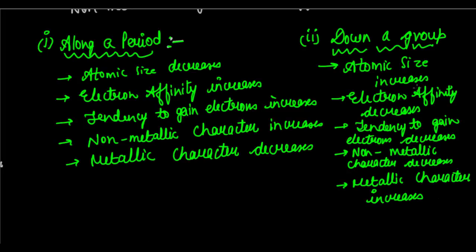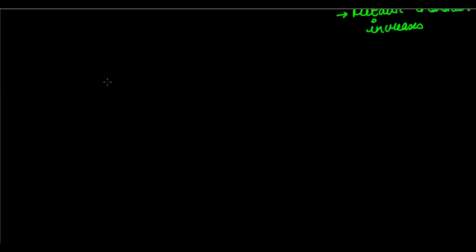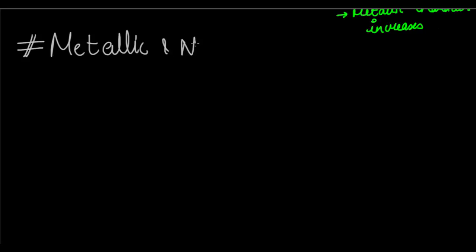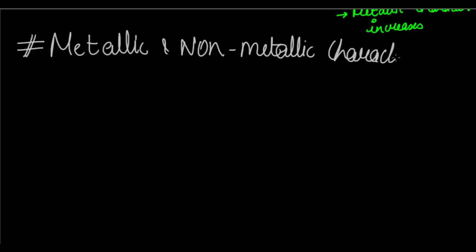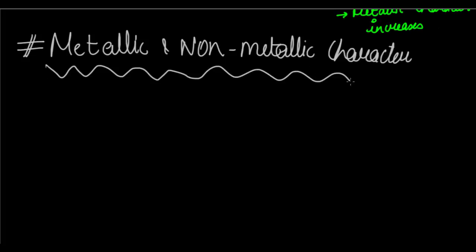And summarizing all of this, let us come to metallic character, which is the last periodic property we will be discussing, metallic and non-metallic character. As I have explained by using electron affinity and ionization energy, I don't think you should have any kind of problem at all now.